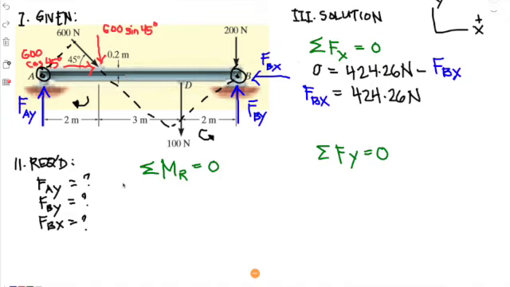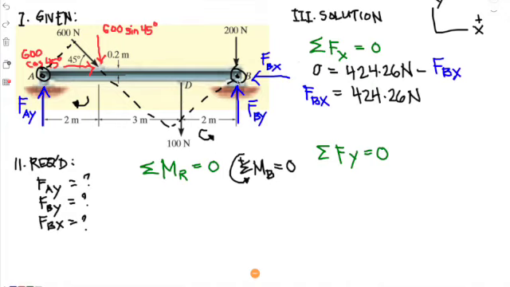Okay, so let's write here the summation of moments at point B. I would like to assume that the counterclockwise moments are positive. You can assume the opposite, it doesn't matter as long as you stick with it.